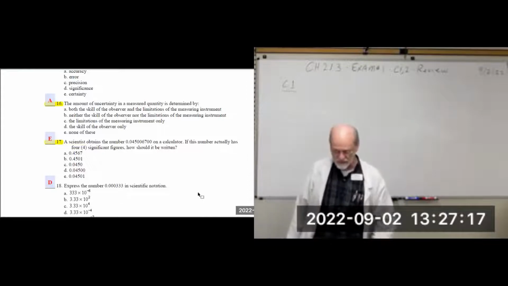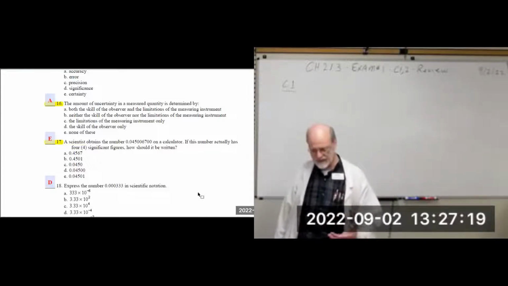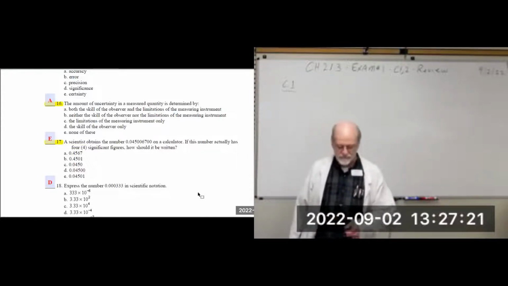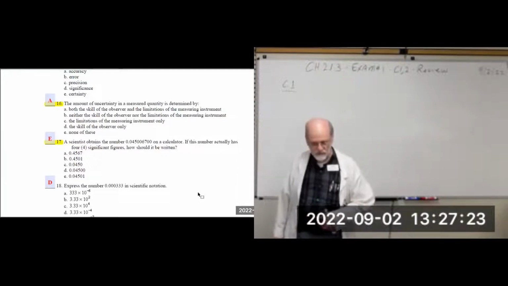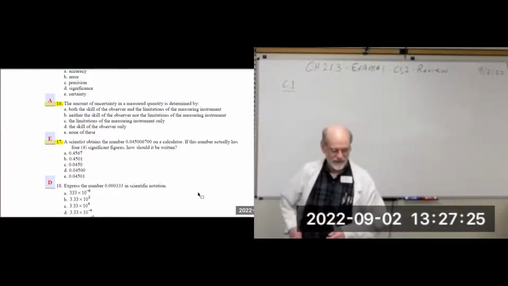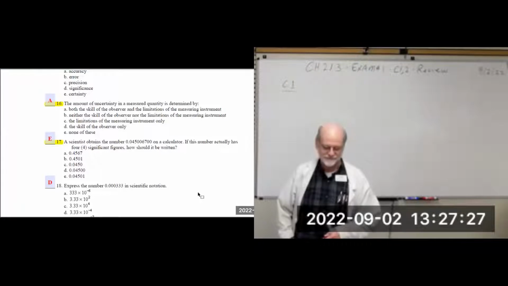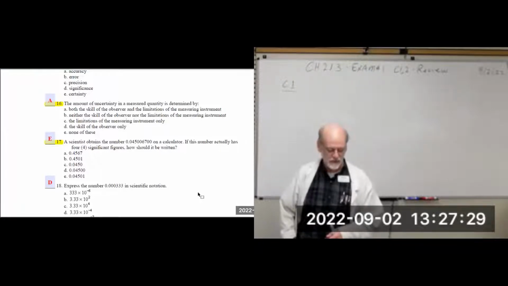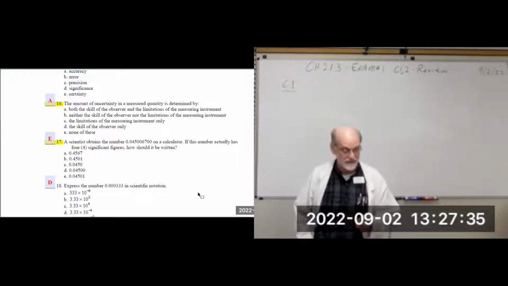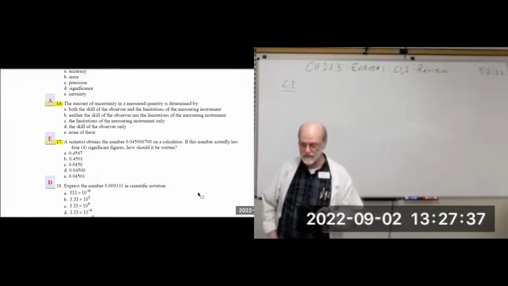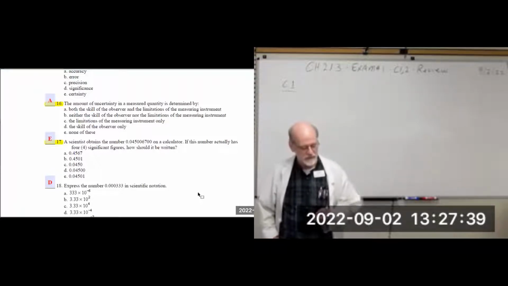So what determines the amount of uncertainty in a measured quantity? Can you put your finger on one? No. It's always both of them. The instrument's going to have some inaccuracy built in, and the operator skill is going to determine the level of inaccuracy too.